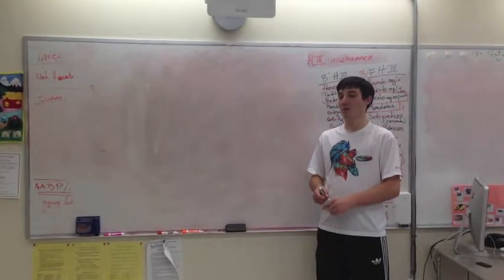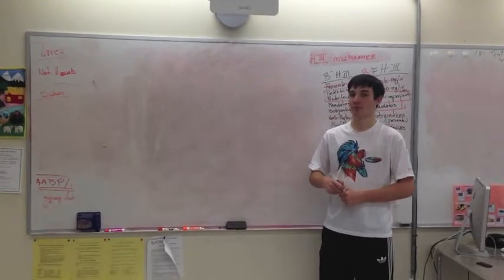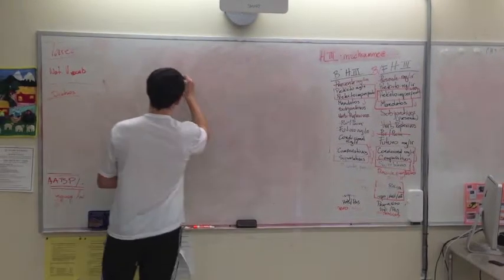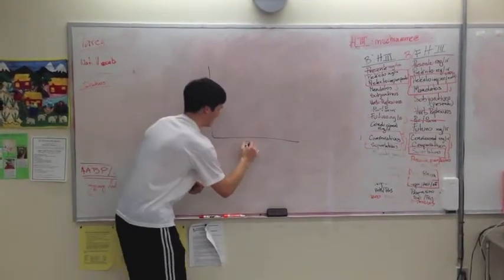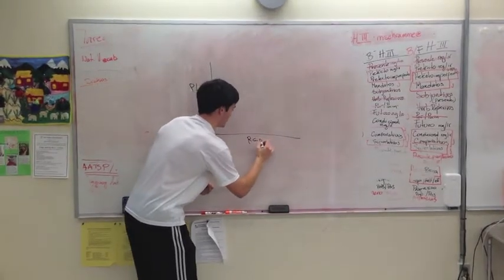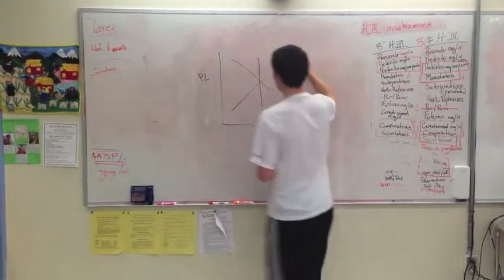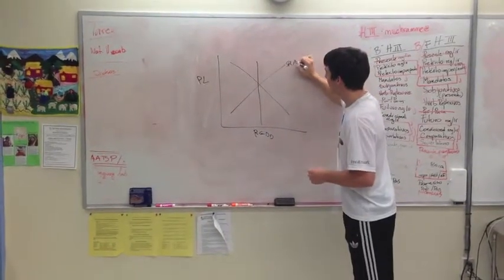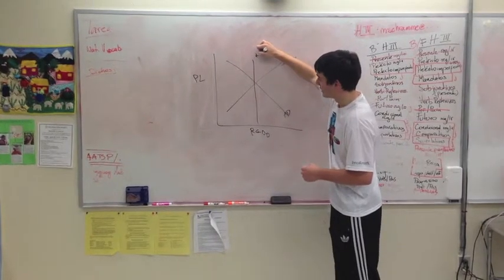But why is an aging population bad for a country's economy? The answer lies in the aggregate supply and demand model. On one axis you have the price level, on the other, real GDP. Now, this is Japan's current short-run aggregate supply, aggregate demand, and long-run aggregate supply.